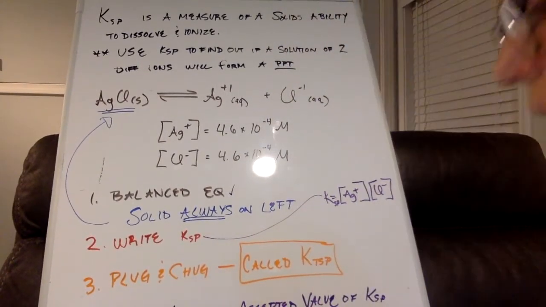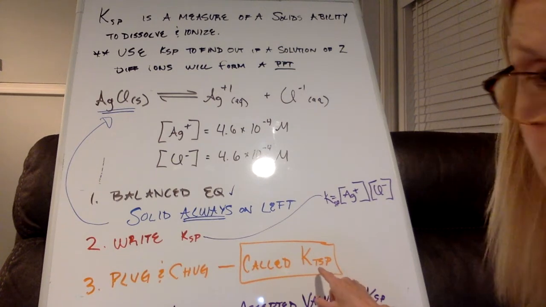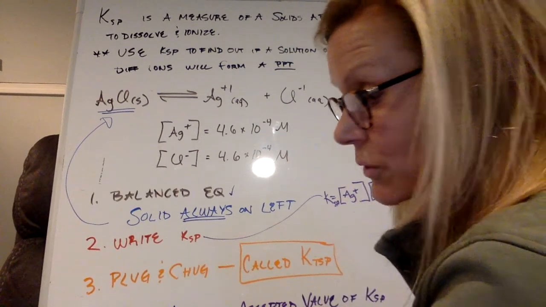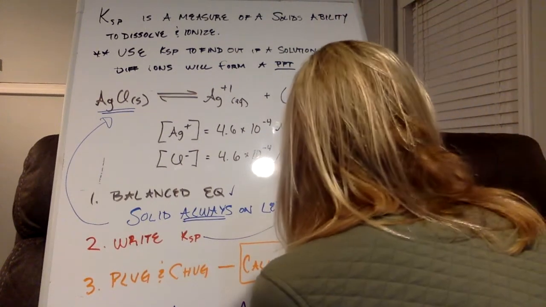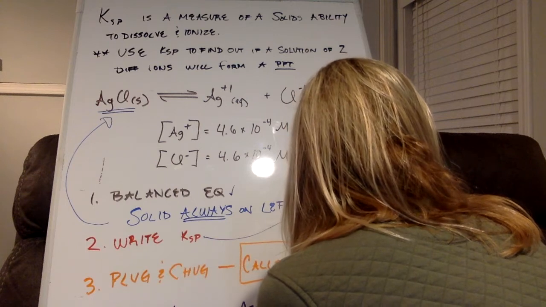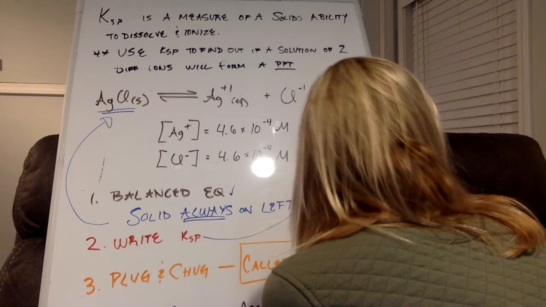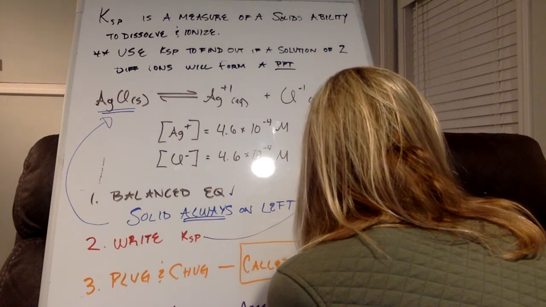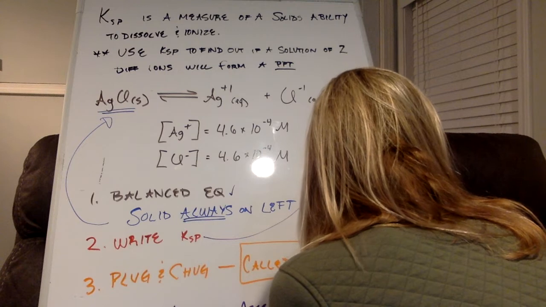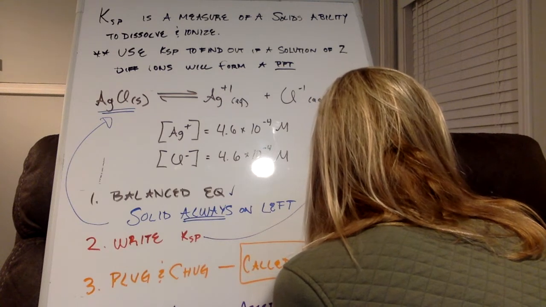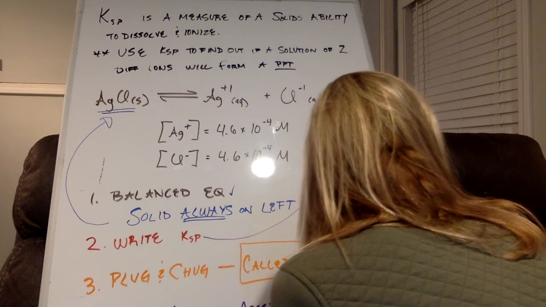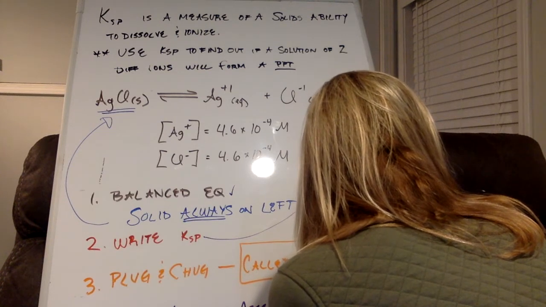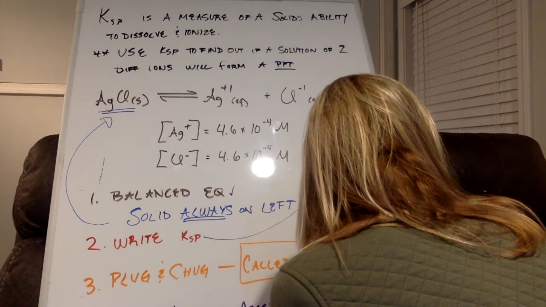Okay, so now plug and chug. This is called the trial KSP, the TKSP. Like it almost looks like teaspoon if you've been baking during this quarantine. I'm running out of space right here. 4.6 times 10 to the negative 4th molar times 4.6 times 10 to the negative 4th molar.